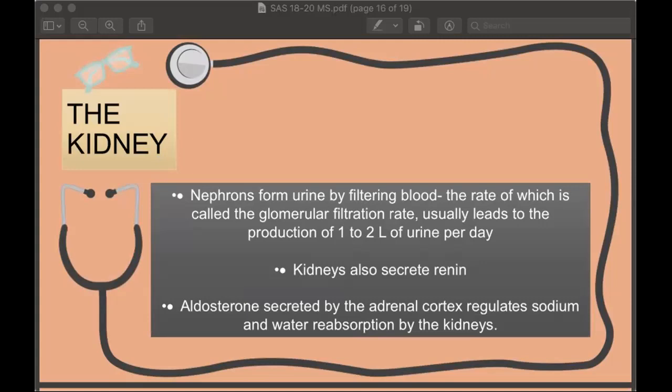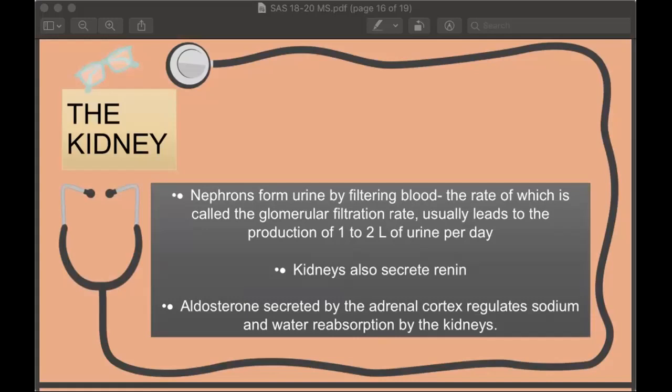Now, here in the kidney, if the body needs more fluid, the nephron tubules retain or reabsorb water or electrolytes. Now, if the body needs less fluid, the tubules absorb less, causing more fluids and electrolytes to be excreted from our body.